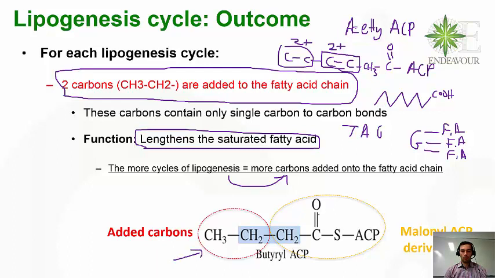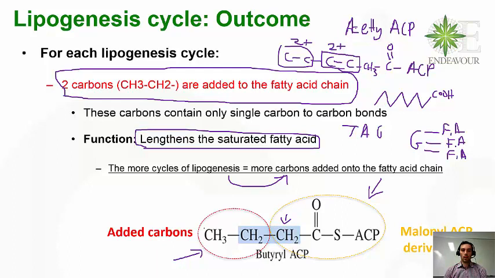We have the derivative of the malonyl ACP here, which is actually our acetyl ACP with 1 less hydrogen on the carbon here.